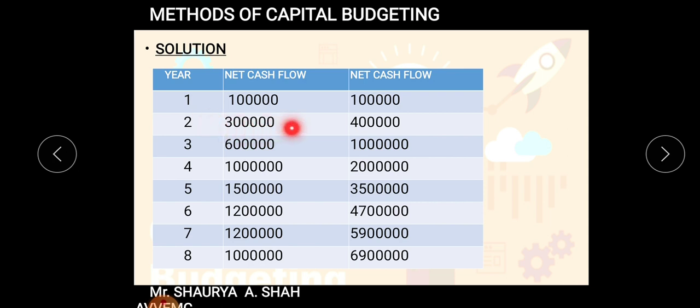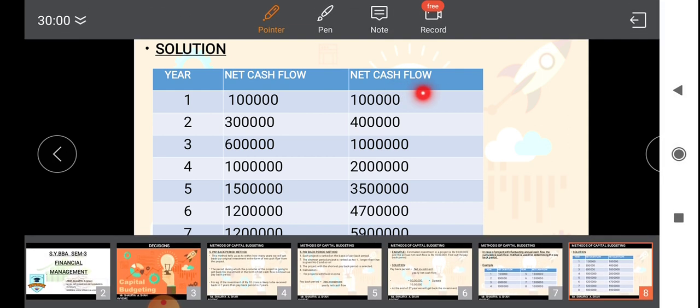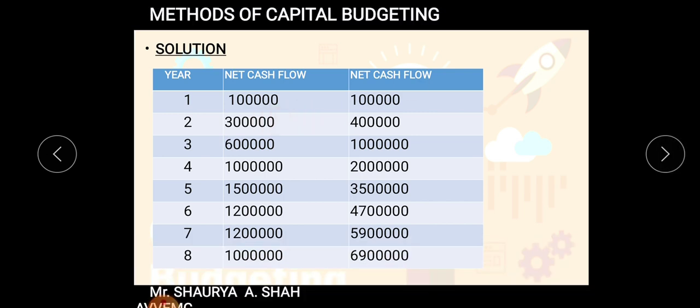Second year, I am getting 3 lakh rupees of net cash flow, students, right? So in 2 years in total, how much have I got? 1 lakh plus 3 lakh, that is 4 lakh rupees. Cumulative: total plus the next one, total plus next one, right?